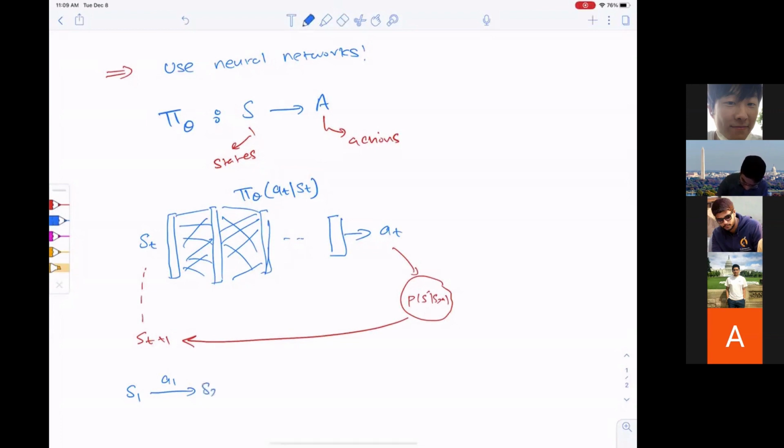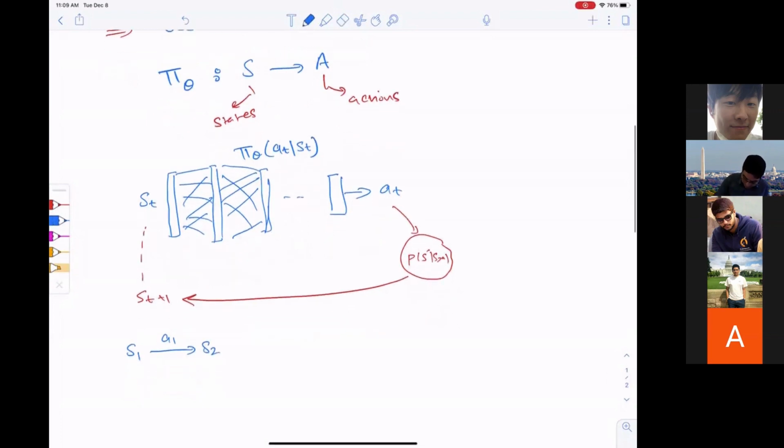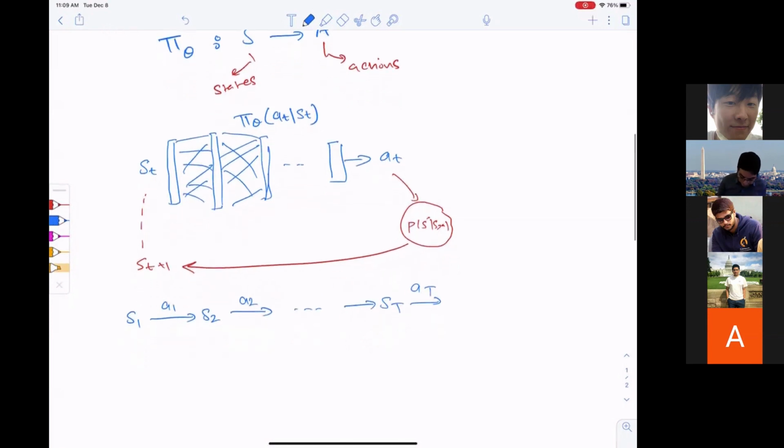Depending on the transition probabilities in my environment, then my policy tells me to take another action, and so on and so forth. And here, for simplicity, we are going to consider the finite horizon case when we have T steps. So because of that, we actually don't need to worry about the discount factor. So this whole thing I'm going to refer to as a trajectory. With tau, I mean a sequence of states and actions.